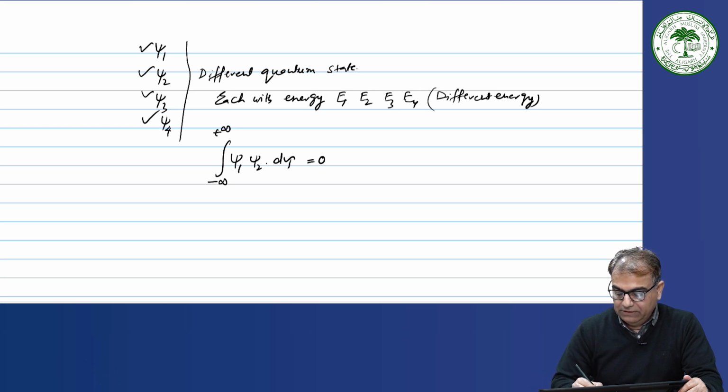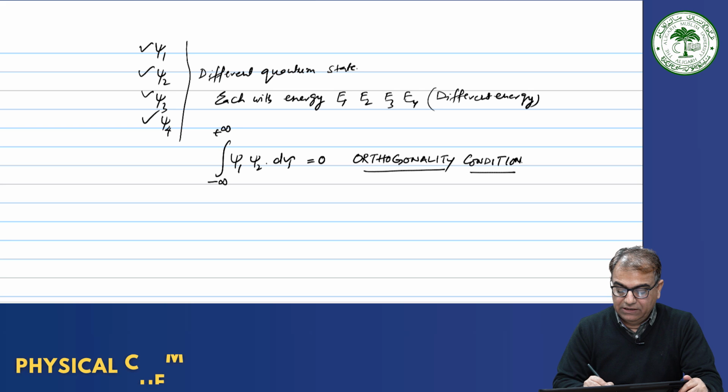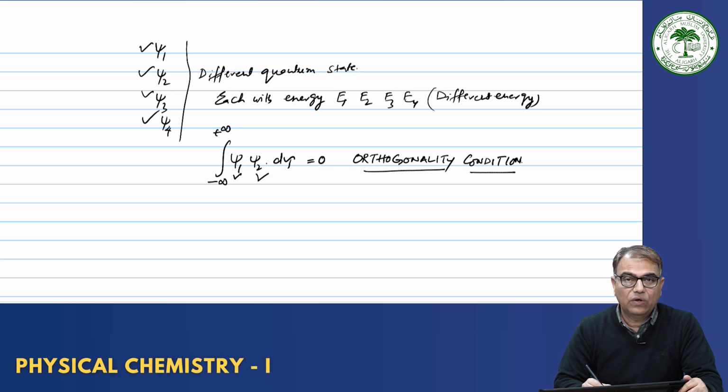So this is called the orthogonality condition. The only thing is that here you have two different quantum states and here you have a 0 value, if you compare with the normalization condition.